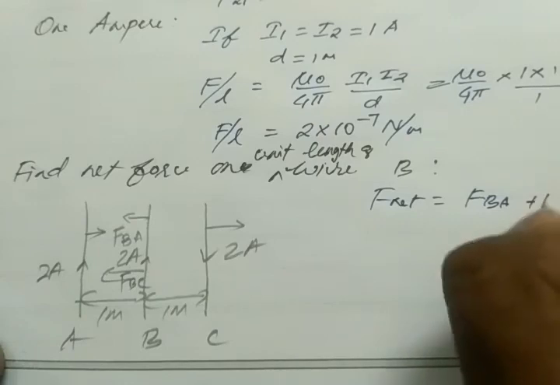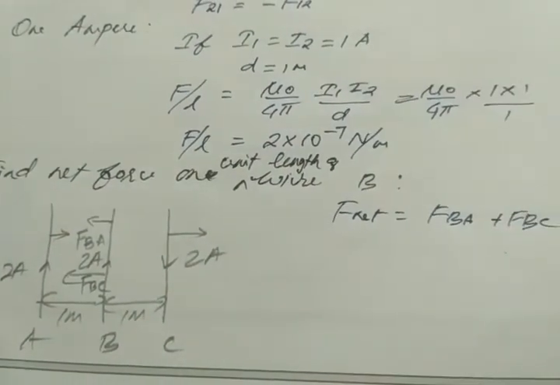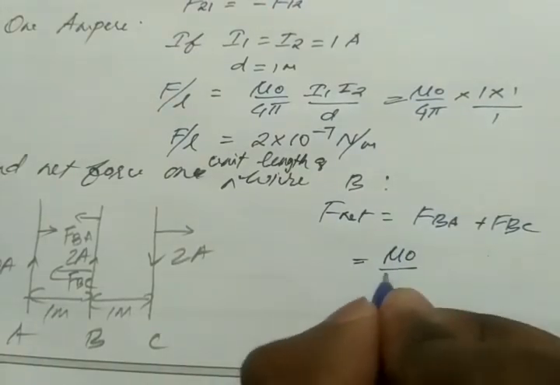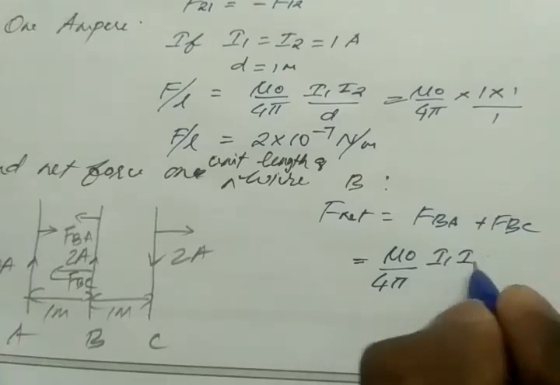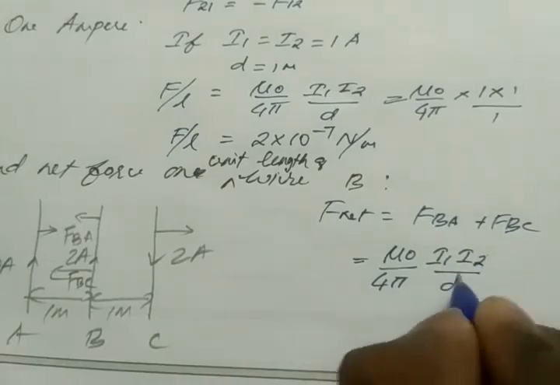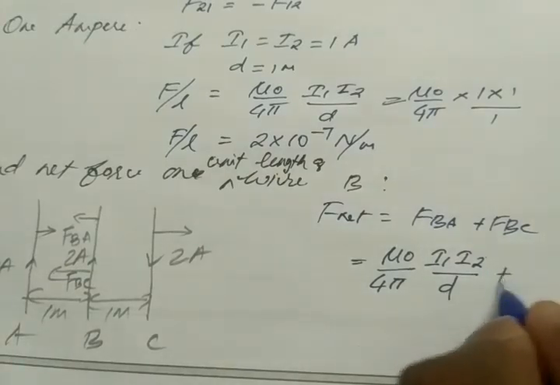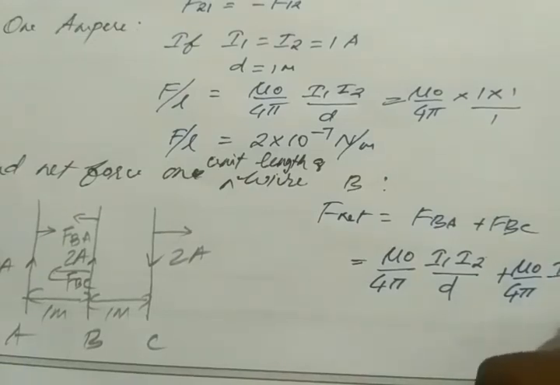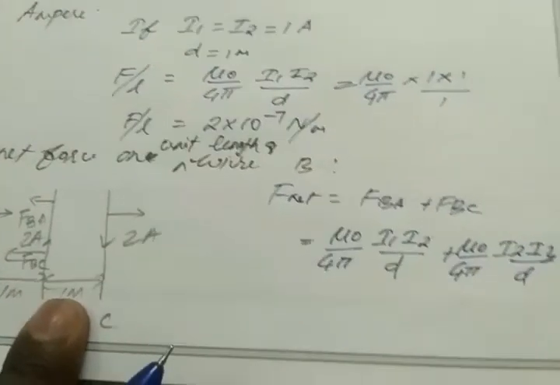F net equals FBA plus FBC, the total force. What is FBA? Mu naught by 4 pi, I1 I2 by d, plus mu naught by 4 pi, I2 I3 by d. The distance is 1 meter in both cases.